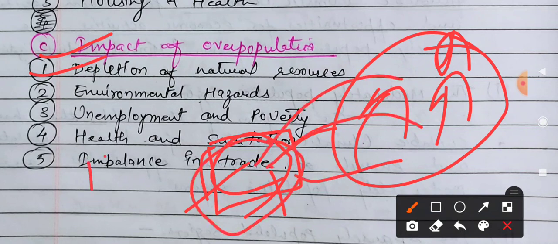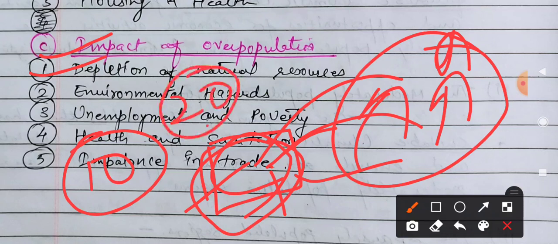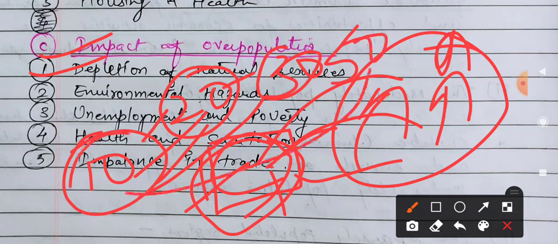Just maybe 10 bananas are available, the people are 20, so okay, they can do half. It becomes 30, they can do one third, but if it becomes 50, it is very difficult to distribute among 50. So that's why the depletion of natural resources is very high, and the imports will increase.